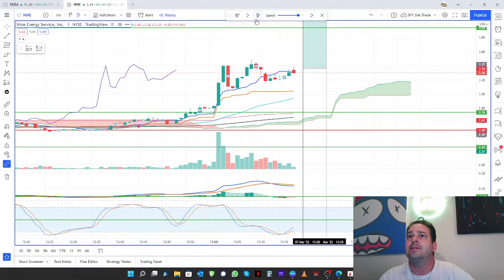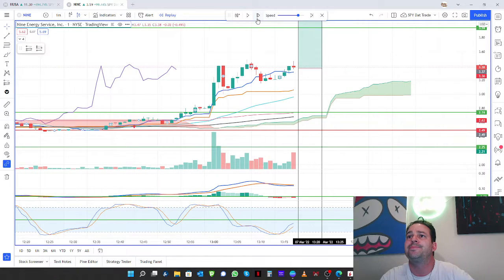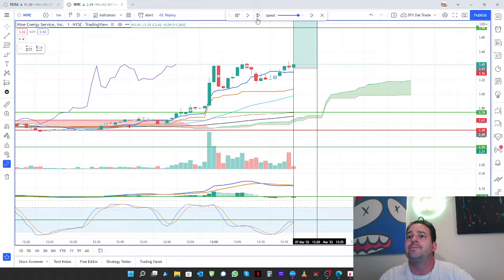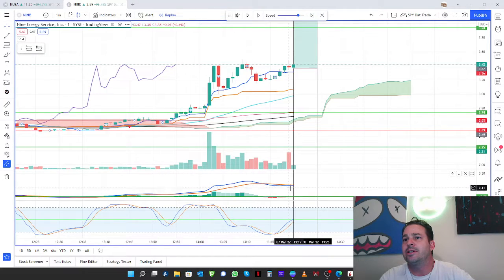Let's take a look. So I waited until this blue line here started to come right into the orange. And on the RSI stochastic, the lines there are quite far apart.